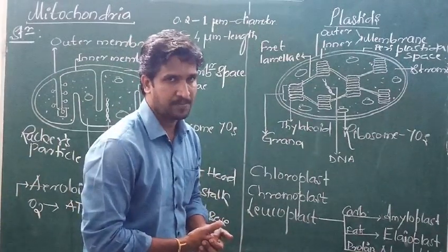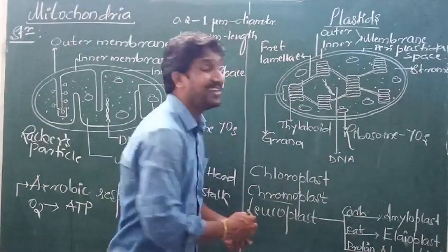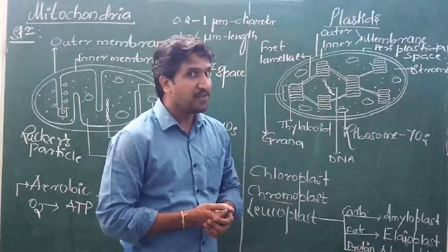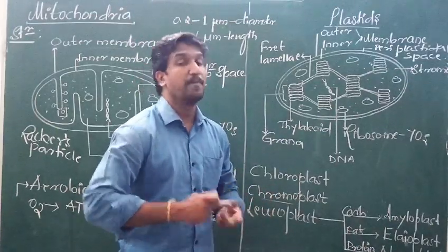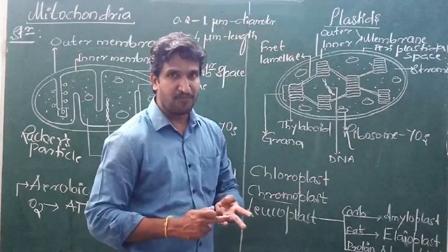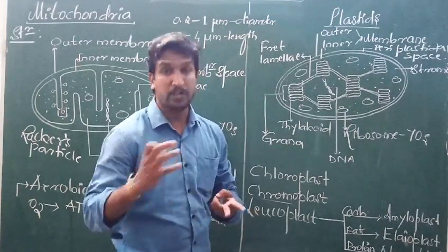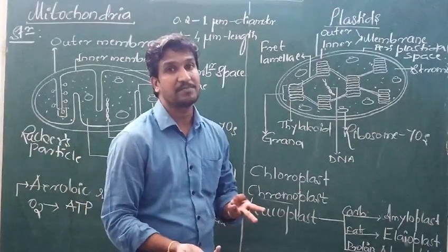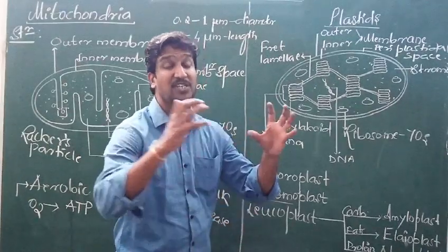That is the first. Whereas the second one is chromoplast. Chroma means color. Like different colored flowers will be available, and different colored leaves, like yellow colored leaves, brown colored leaves, and red colored leaves. Banana is yellow in color, mango is green in color, later on yellow, sometimes red, orange, you know very well. Why these different colors?